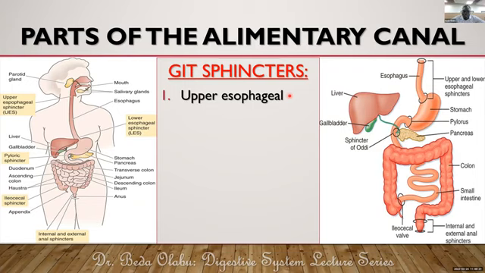This is the narrowest part of the alimentary canal, actually. So if you had a child that swallowed something, maybe a coin, and the coin managed to go through the upper esophageal sphincter, then you have less to worry about, because that coin is likely to pass through any other place. That's a protective mechanism, so that whatever passes through there must pass through.